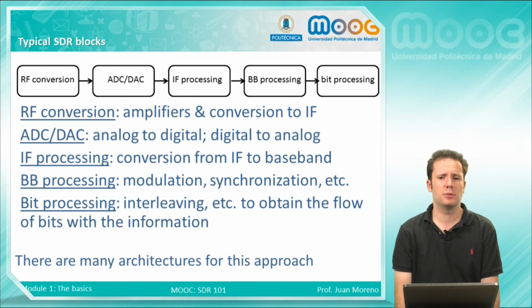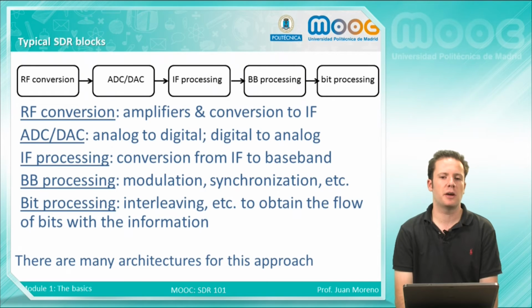In the baseband processing, a lot of tasks are performed, for example, modulation, synchronization, etc. And finally, in the last stage, where we have bits, the interleaving and other things over the stream of bits are performed.